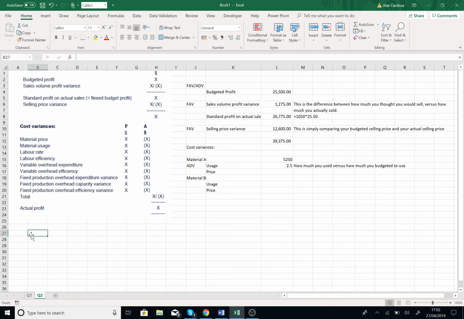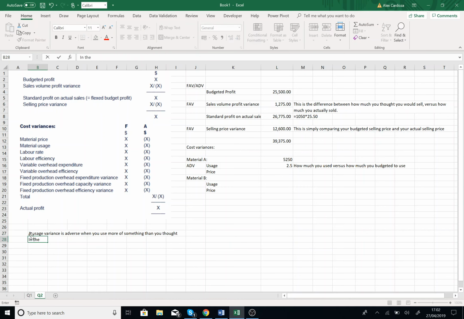And I should say a usage variance is adverse when you use more of something than you thought.